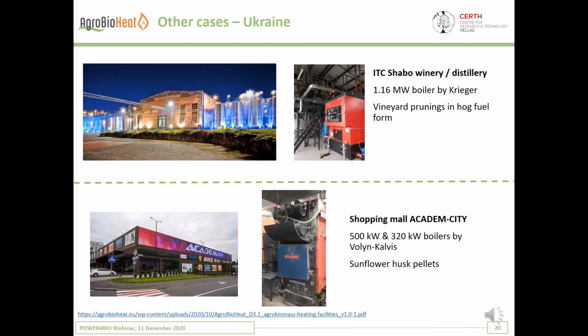And another example, which is quite interesting because it is a shopping mall in Kiev, Academy City. It features two boilers by Volin Kalvis, again a Ukrainian manufacturer, and it uses sunflower husk pellets as a fuel. So this is a very interesting example of how agrobiomass can even find its way into an urban setting.